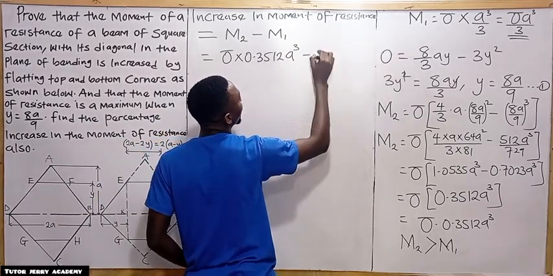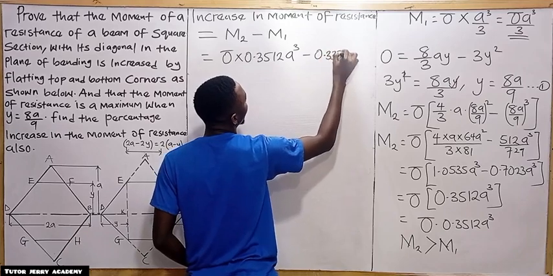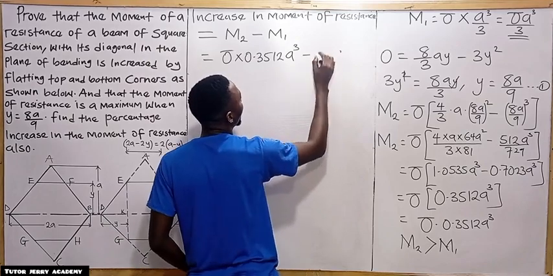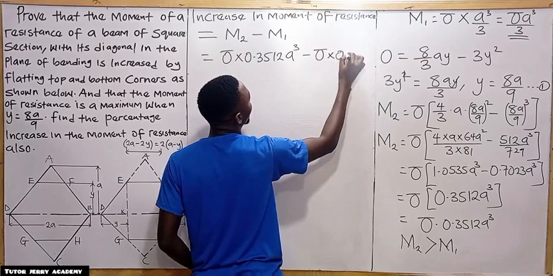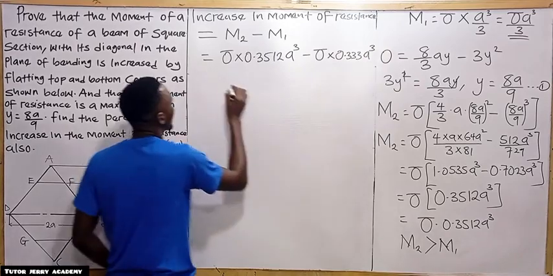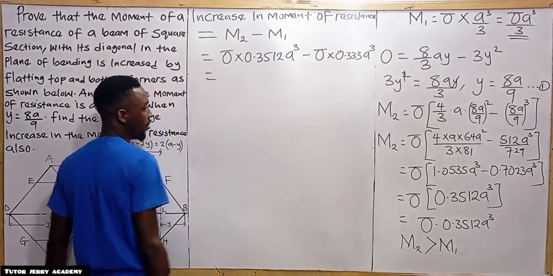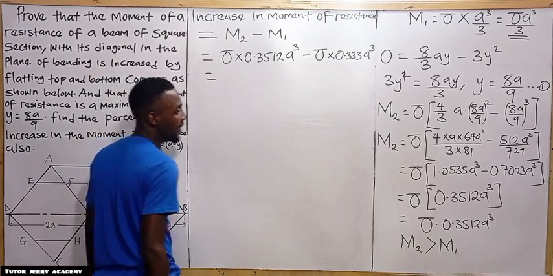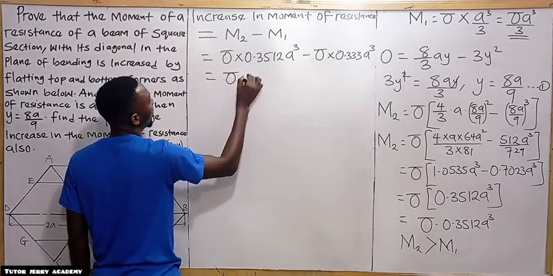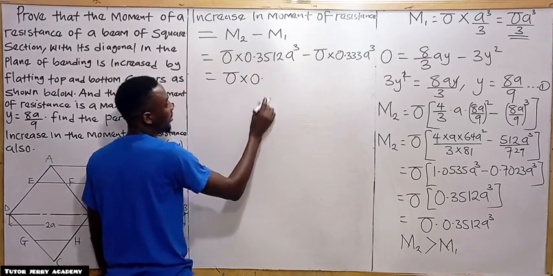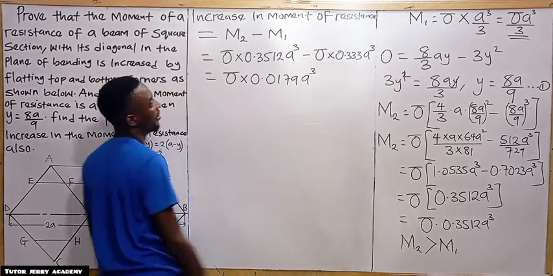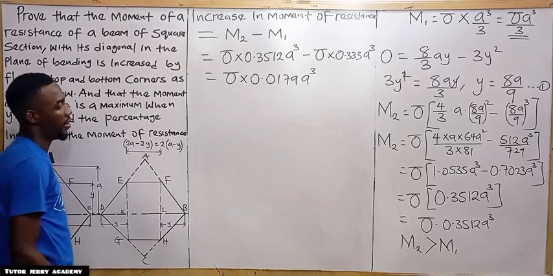M1, if you divide 1 by 3, you are going to have 0.333, stress multiplied by 0.333 a to the power of 3. All right, so if you subtract, you are going to have 0.0179 a to the power of 3. All right, so that is what we are going to have.